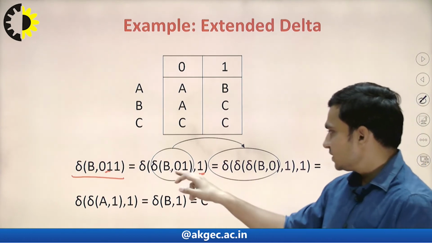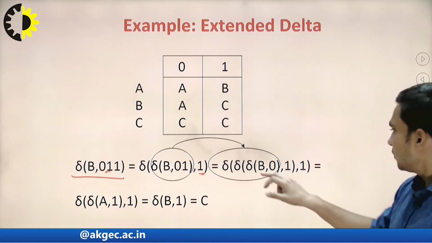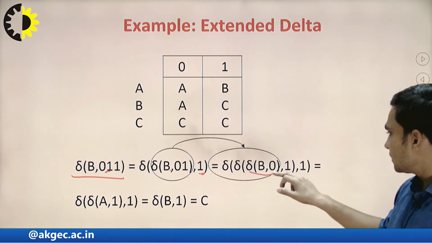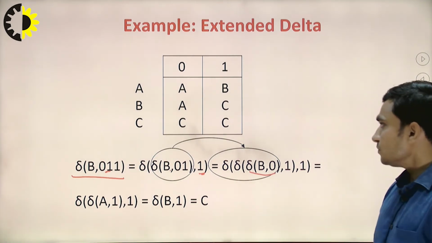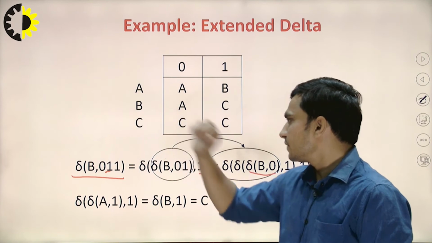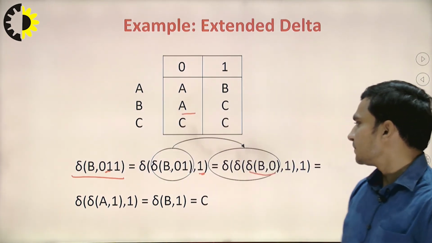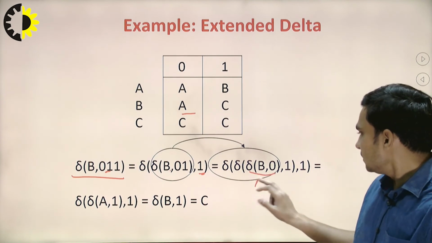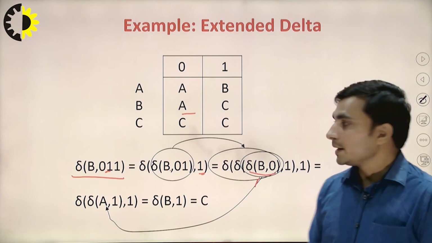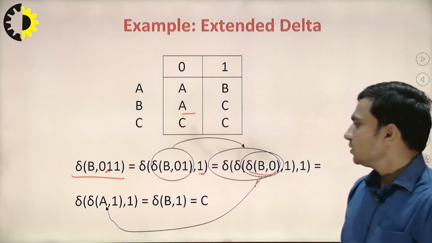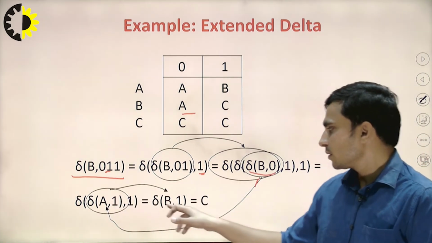And this 01 also has more than one symbol, so first we find the next state for delta of B, 0. From here we can see that if at B we are reading 0, the next state is A. Now at A, if we are reading 1, the next state will be B. So we are getting B here.